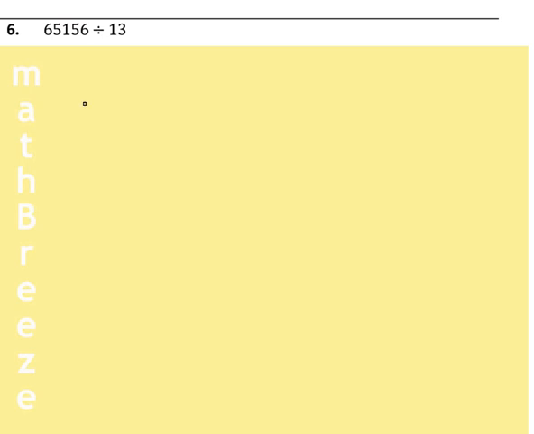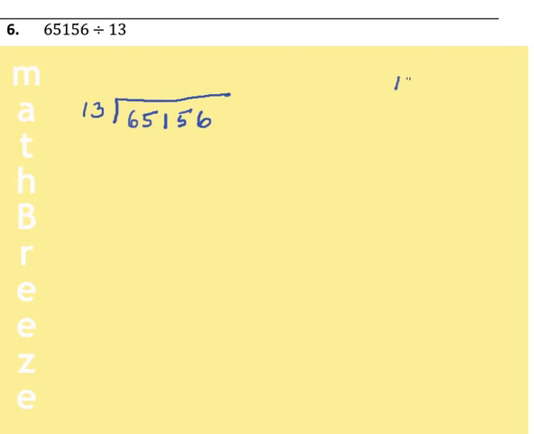Okay, and number 6, we take the divisor, 13, and we're dividing it into 65,156. Alright, so first we're going to try 13 into 65.